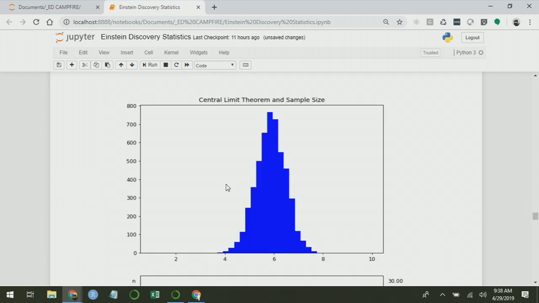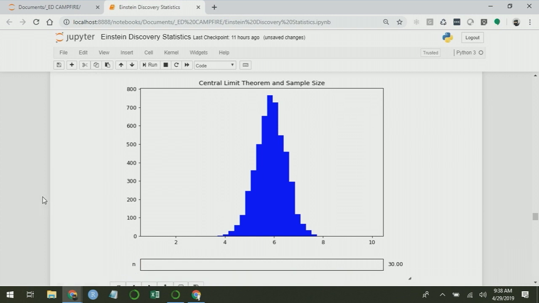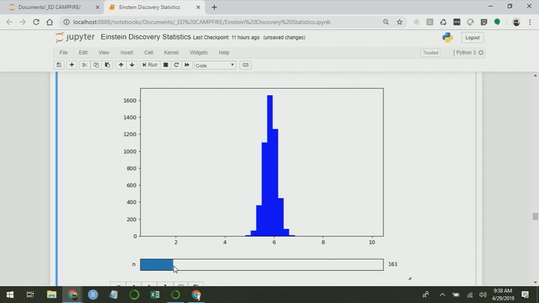This also relates to the sample size discussion we had before. If I take relatively small samples, I end up with a pretty wide distribution. So if I'm using small data samples, I would guess that the true mean is somewhere between maybe 5 and 7. But as I take larger and larger samples, you'll see that the bell curve becomes more narrow.